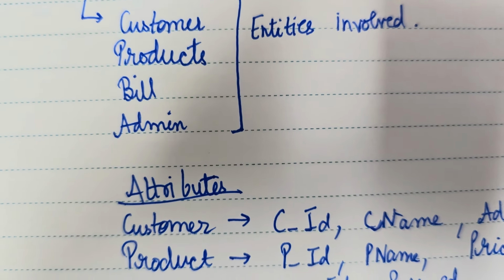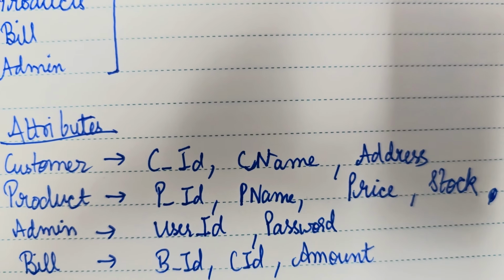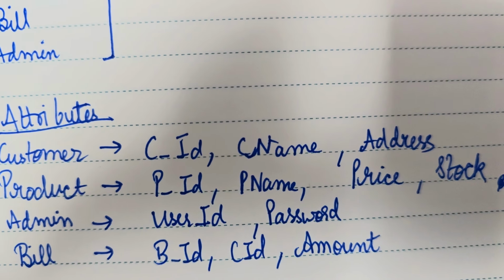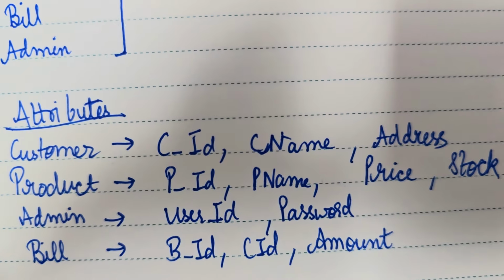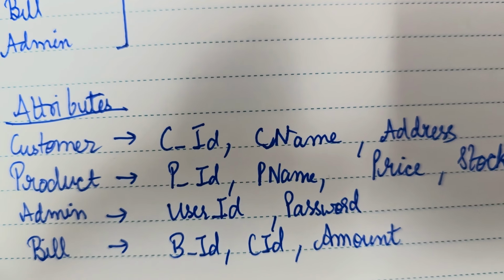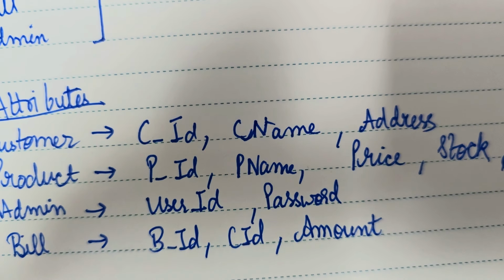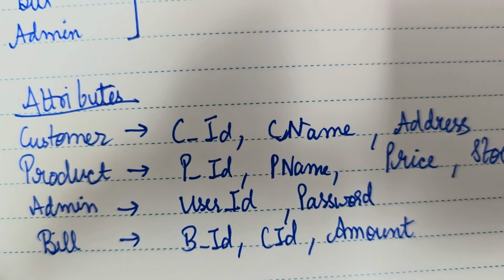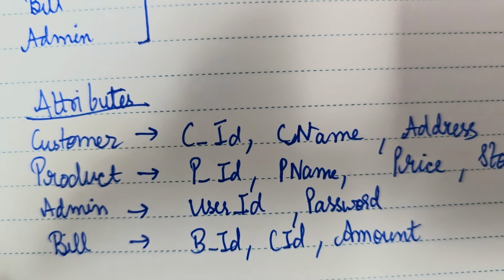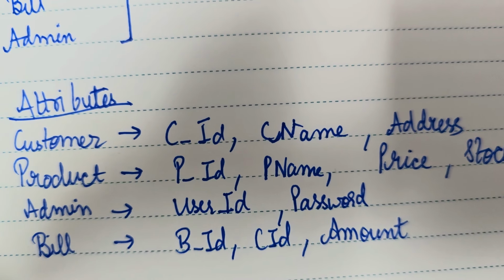And what could be the attributes that would define the customer? So let's say for customer we have customer ID, customer name, customer address, from which the customer ID is the primary key. Then we have product ID, product name, price, and the quantity in stock. Admin has user ID and password, and the bill would have some bill ID, customer ID and amount.